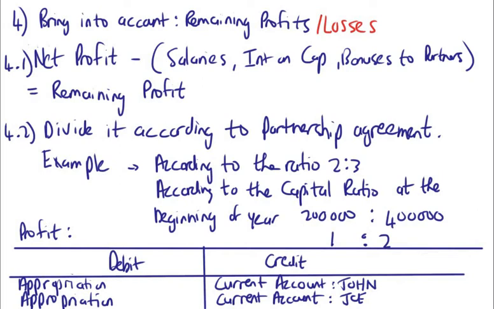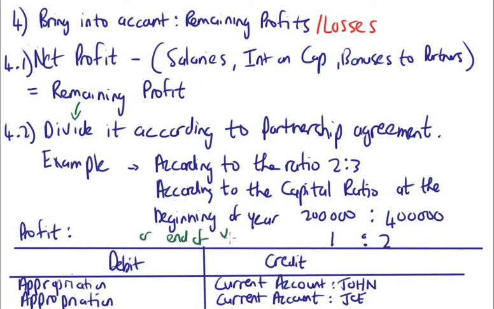4.2, we have to then take that remaining profit and divide it according to the partnership agreement. They will tell us whether it must be divided equally, whether it must be divided according to a ratio, say 2:3, or whether it must be divided according to the capital ratio at the beginning of the year or the end of the year.